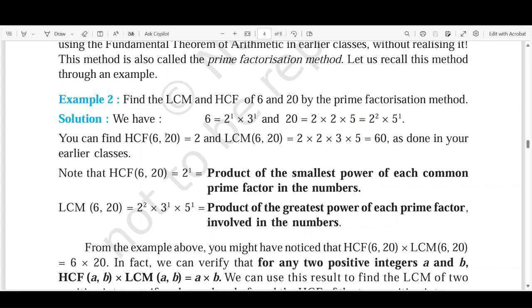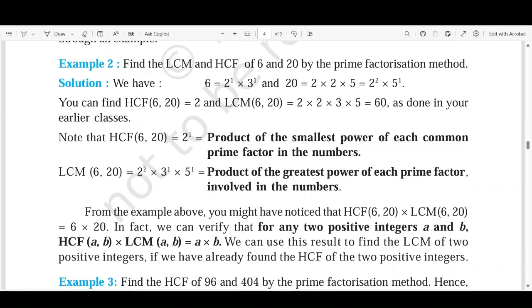Regarding the LCM of two numbers, we have included the highest or the greatest power of each prime factor involved in the numbers. So LCM is nothing but product of the greatest power of each prime factor involved in the numbers. So the prime factors for these two numbers are 2, 3, 5.